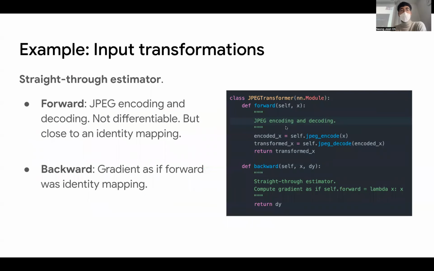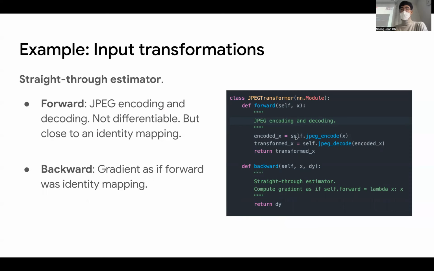And in terms of code, it looks like this. The forward pass is just doing JPEG encoding and then decoding, not differentiable, but this is still very close to identity mapping. But backwards, we do not take the gradient of JPEG encoding and decoding, but just act as if the forward was an identity mapping.